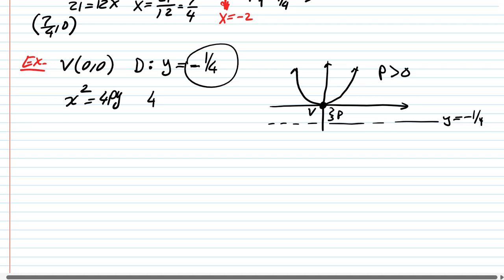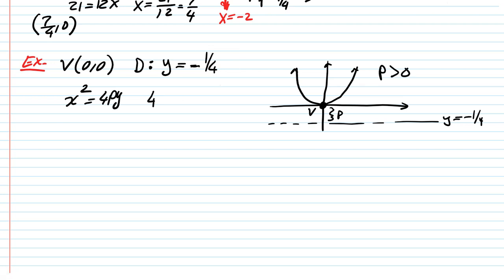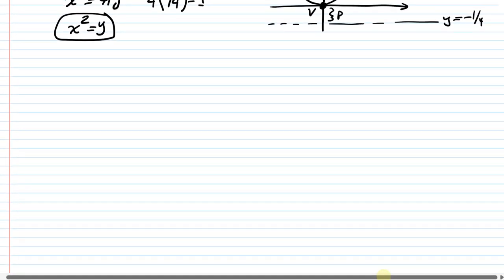Therefore we're just going to take that distance to be positive 1/4. 4 times 1/4 is 1. Therefore the equation is x squared equals y. Y equals x squared, the basic parabola. Right? That was easy to do. The focus is in front of it, 1/4 above 0. So that's the equation. This one was easy.